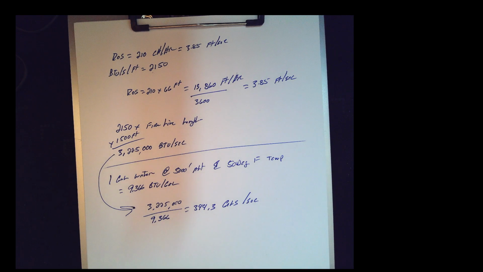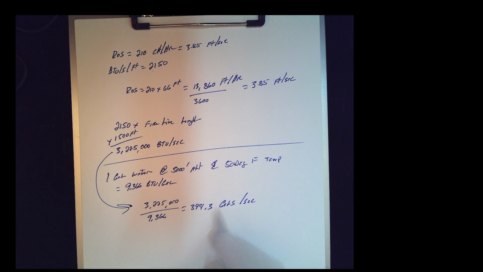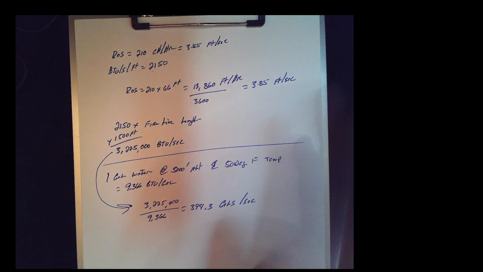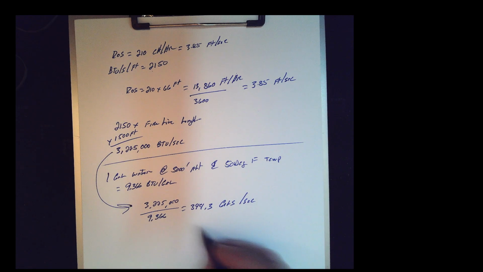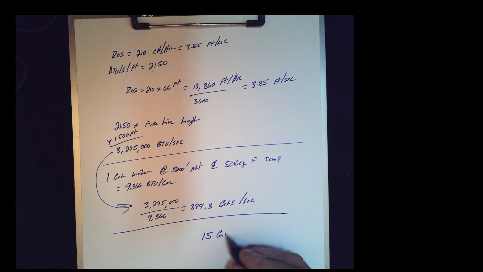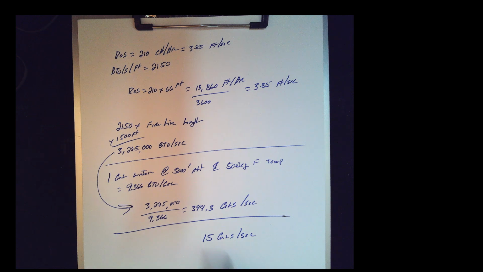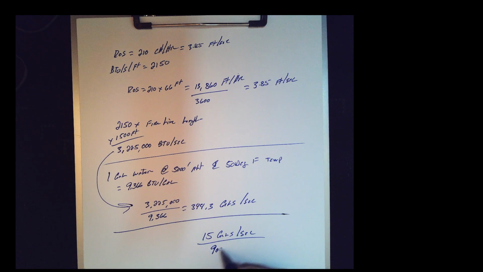For example, let's say we had a similar situation, but the fire was calling for 15 gallons per second. Right there, that doesn't seem like much. But if you take 15 and multiply it by 60 seconds, that's 900 gallons a minute.